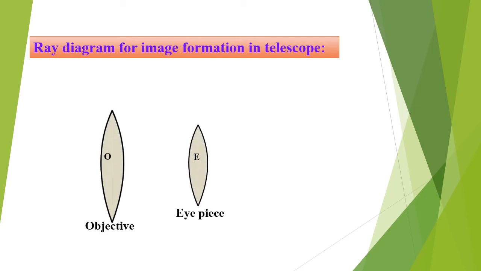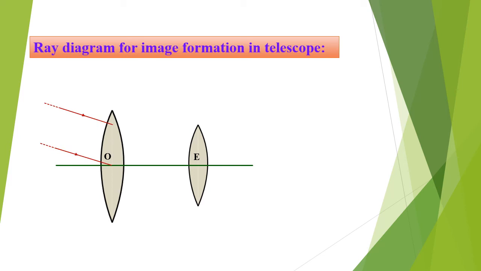Ray diagram for the image formation in a telescope. These are two lenses. One is the objective with a bigger aperture, the eyepiece with a smaller aperture, and this is the principal axis. Rays coming from the top, if they are parallel, form the image at the focus, on the focal plane. So this is the image A dash B dash. Somewhere AB is there, that is the object.